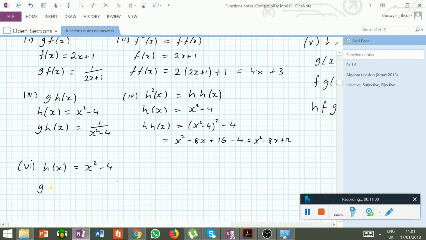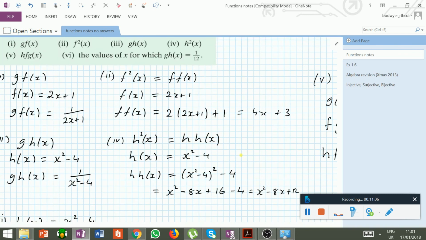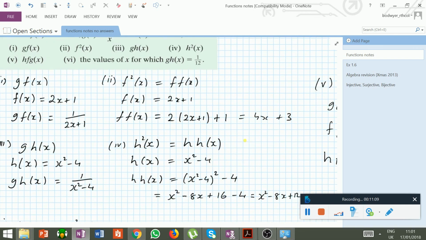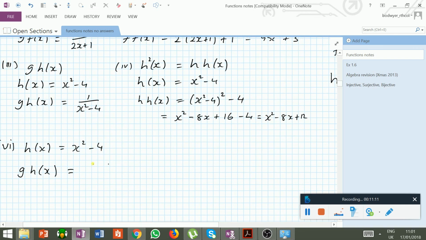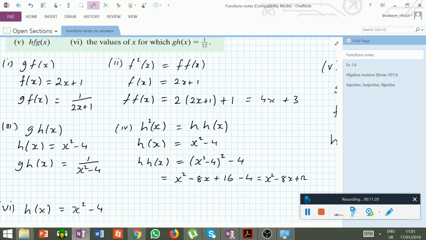And g of h of x is equal to, g of x is 1 over x, so what I do is I go 1 over whatever h of x is, 1 over x squared minus 4. And we want the values whereby g after h of x is equal to 1 over 12.